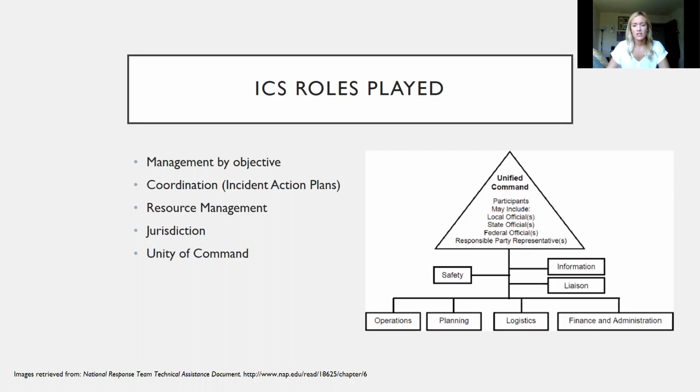However, there are things that you can do to ensure the safety of the community involved. So ICS also focuses on coordination by incident action plans, resource management, jurisdiction, and unity of command. And this image here shows our unified command structure that should be put in place in an ICS system.